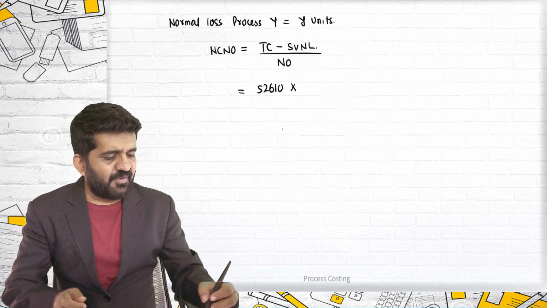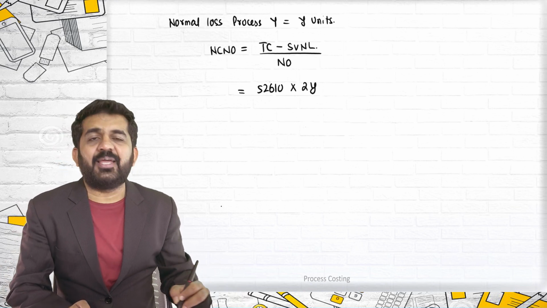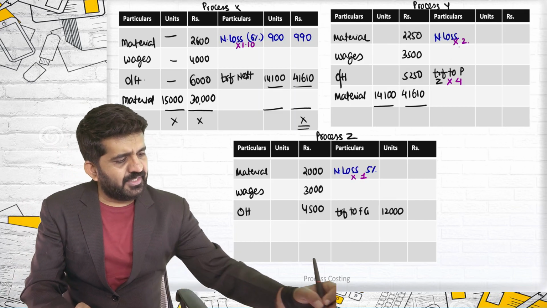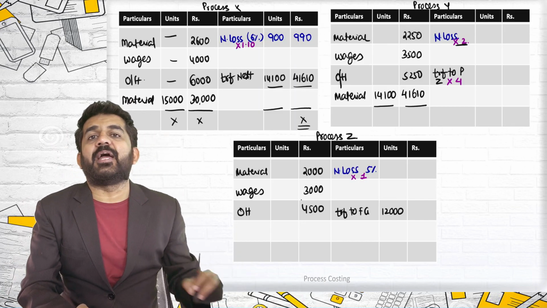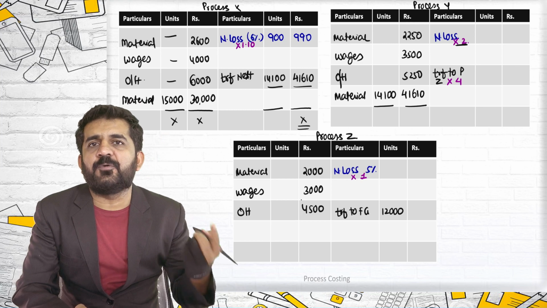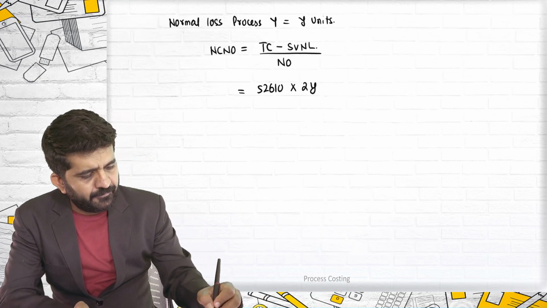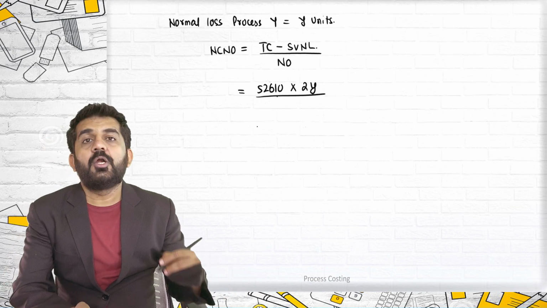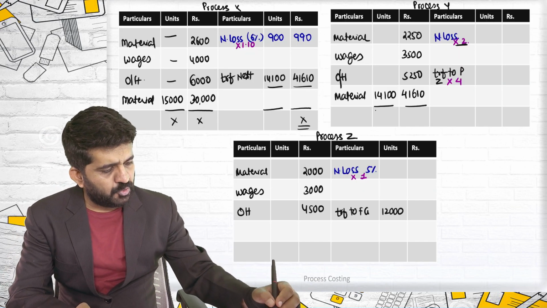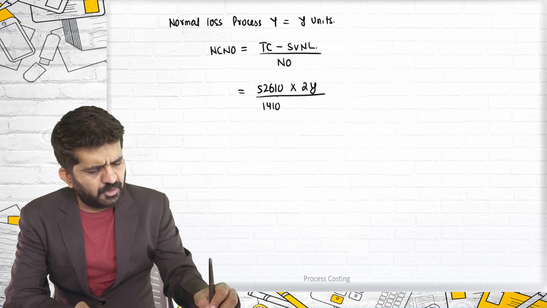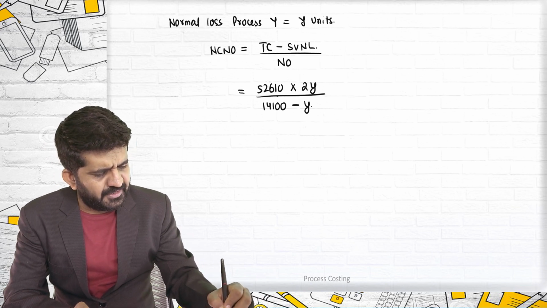What will be the scrap value of normal loss? 2y. Why? It is given that scrap is valued at 2 rupees. We don't know the number of units of normal loss, but we know the scrap value. So it will be 2y divided by normal output. What is actual input? 14,100 minus y.